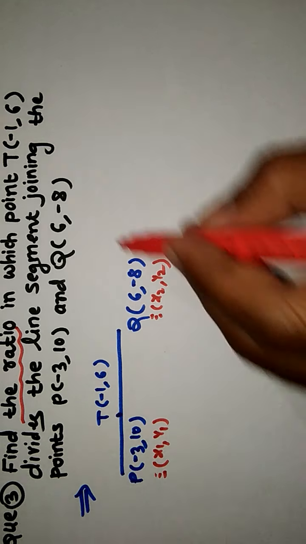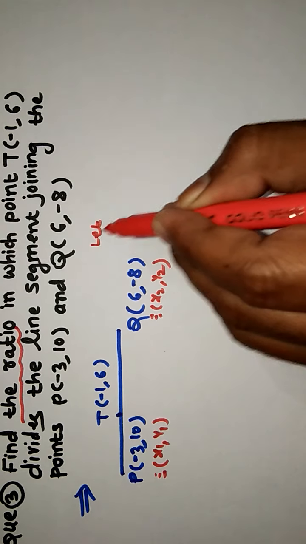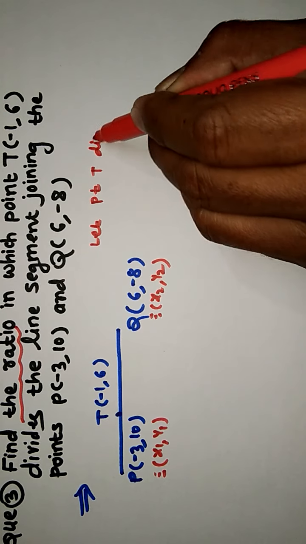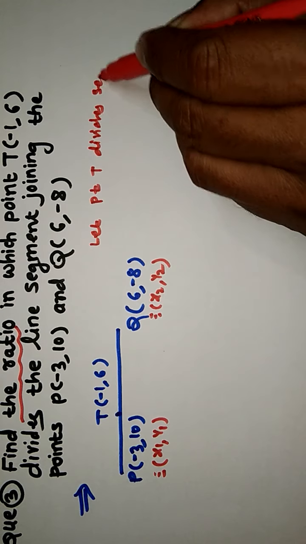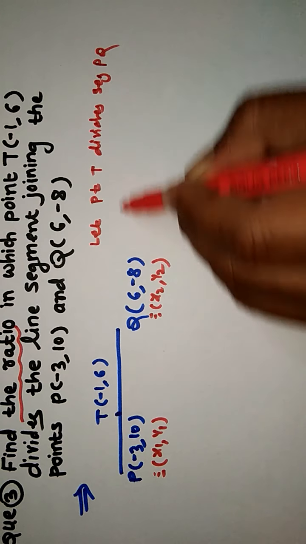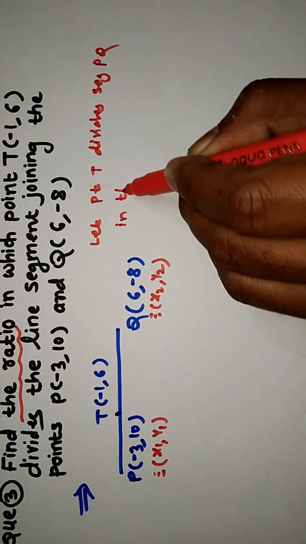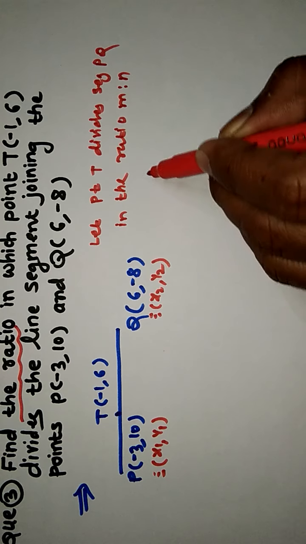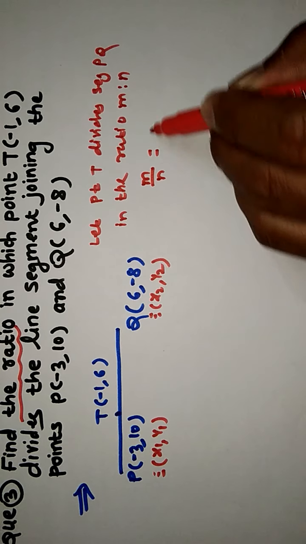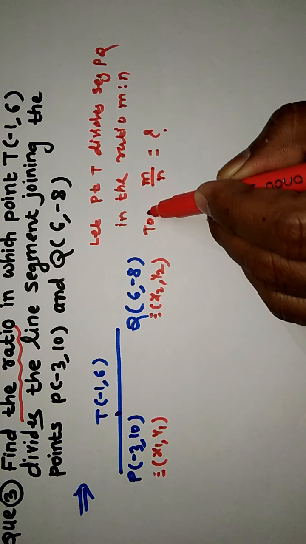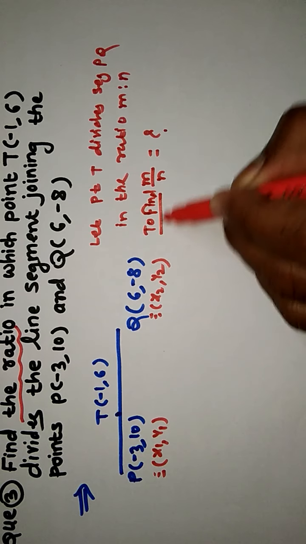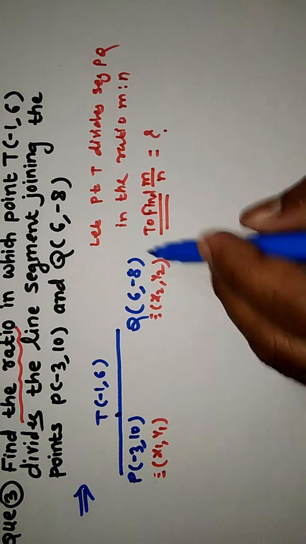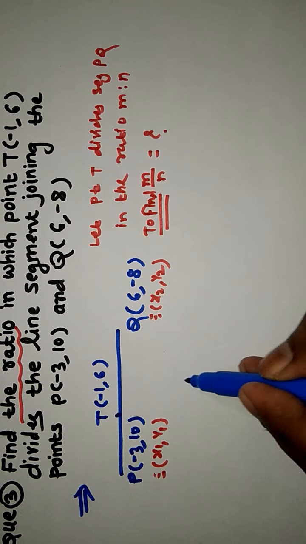How can we find it? See, let point T divide segment PQ in the ratio m to n. Our aim is to find m to n. This is our aim. How can we find it? See, the section formula.